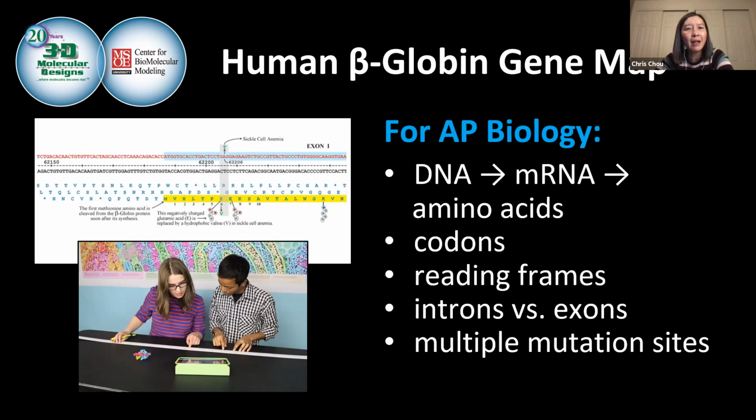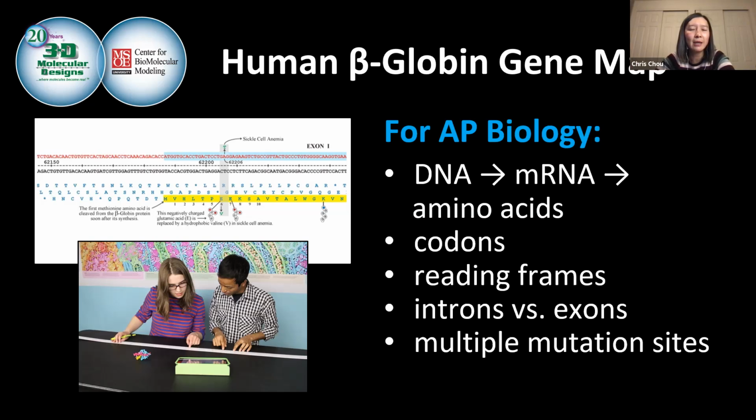So in AP biology, in addition to talking about protein folding and looking at genetic mutations, such as with the beta globin gene, I also bring out a map I've purchased, the human beta globin gene map. For those of you teaching college level or AP biology, this is at a deeper level.